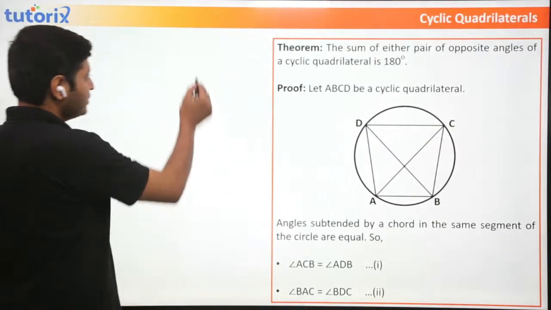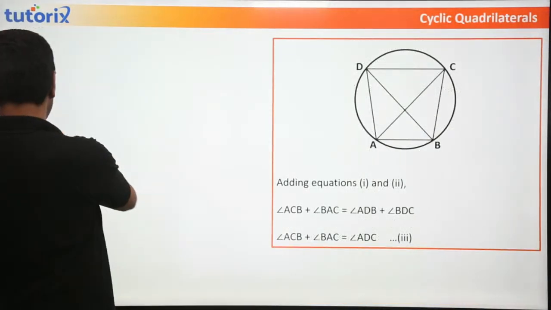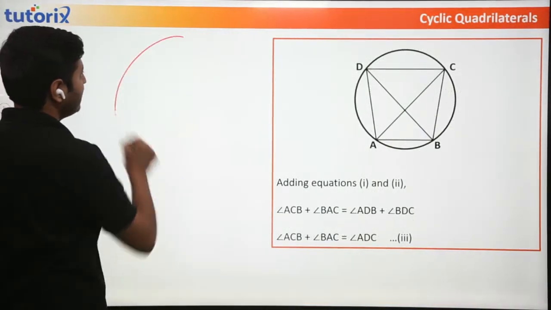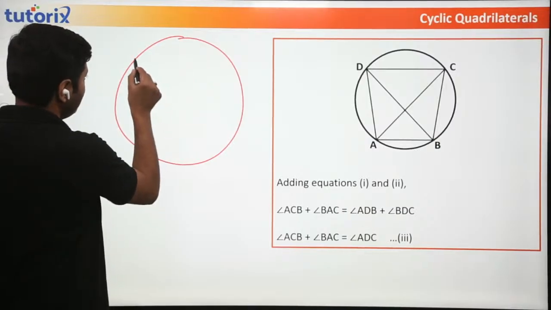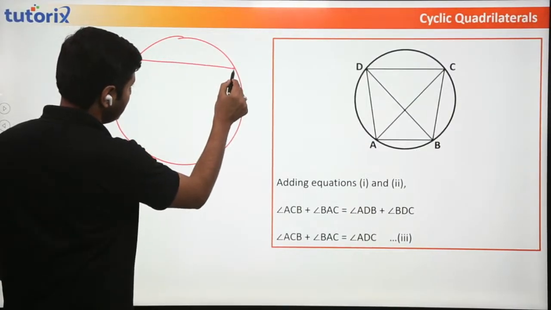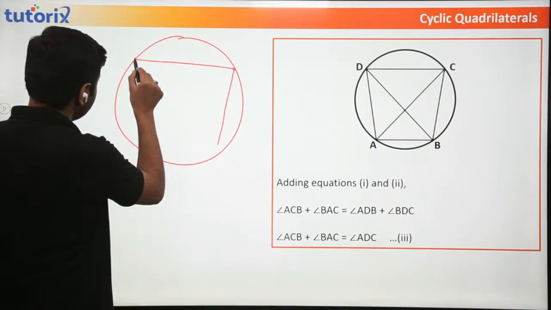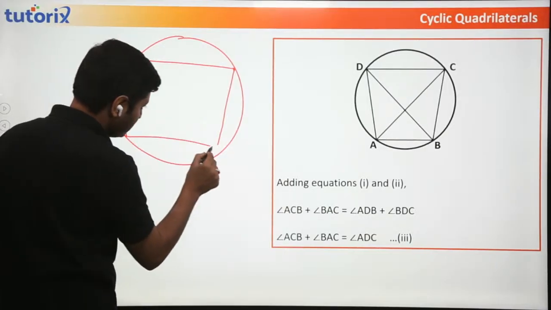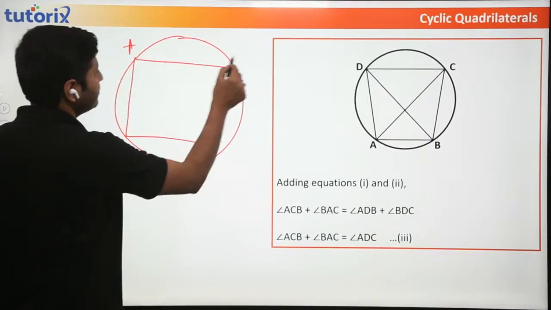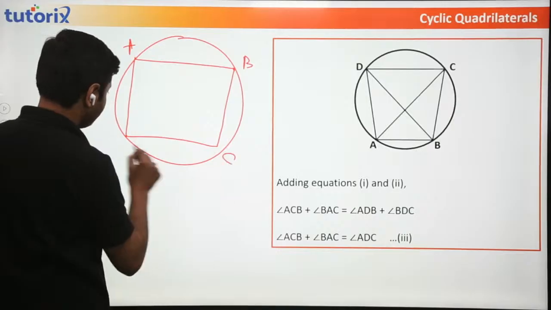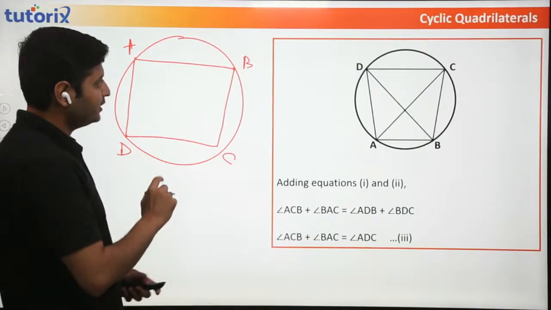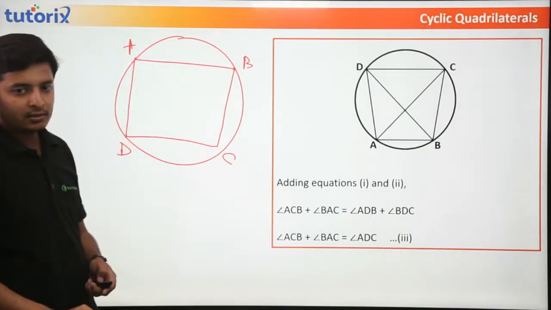Now, suppose I have a circle like this, and suppose two sides are touching the boundary, but one of them is not touching. Can I call this ABCD a cyclic quadrilateral?